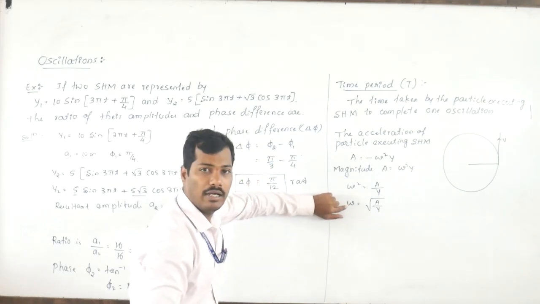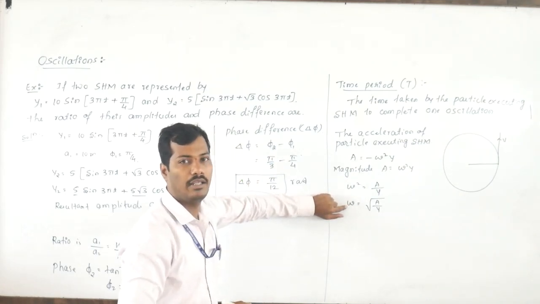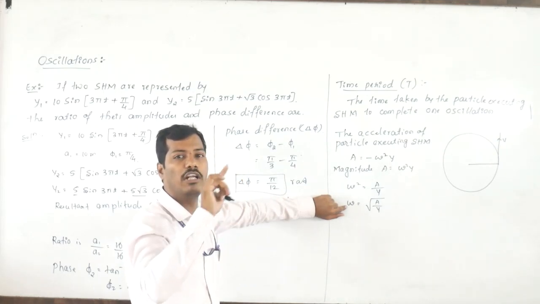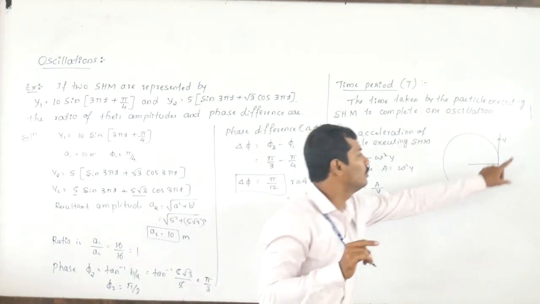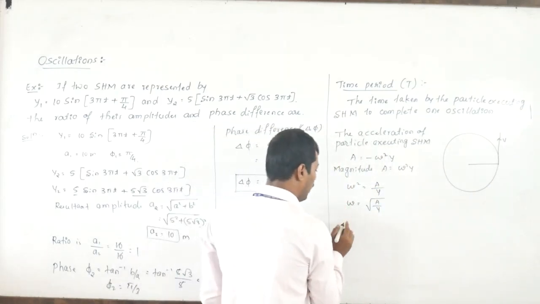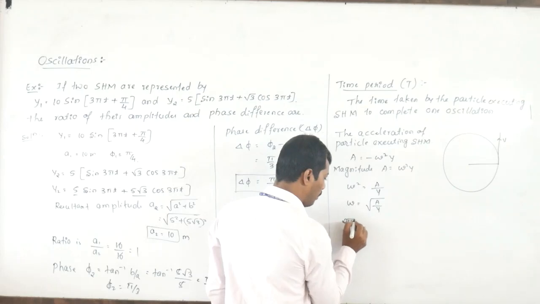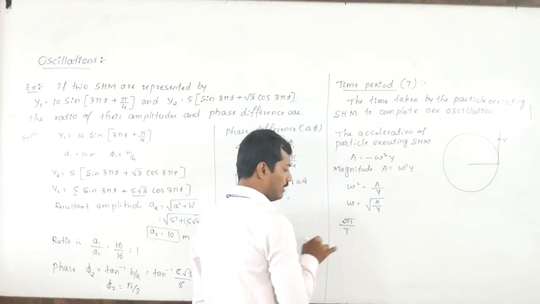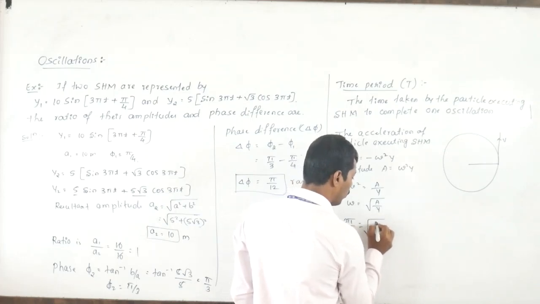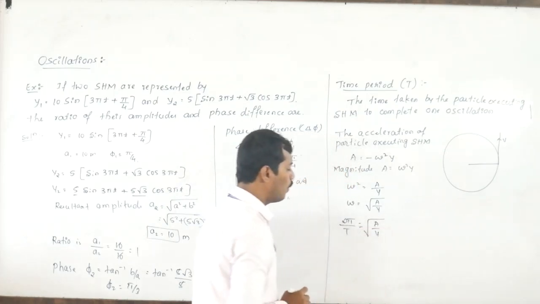This omega is nothing but 2 pi by T. 2 pi is the angle for one revolution, one circle. So omega is equal to 2 pi divided by T, the time period, equal to root of a by y.